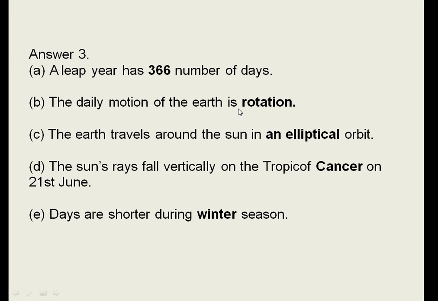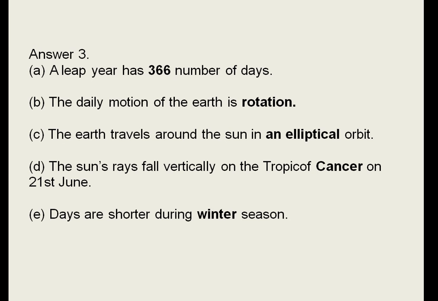B: the daily motion of the earth is rotation. The earth travels around the sun in an elliptical orbit. The sun rays fall vertically on the Tropic of Cancer on 21st June. So this is how the rotation and revolution of the earth change the seasons.